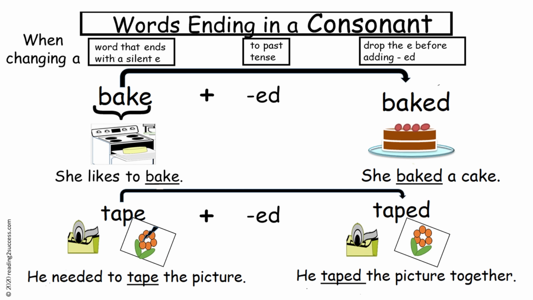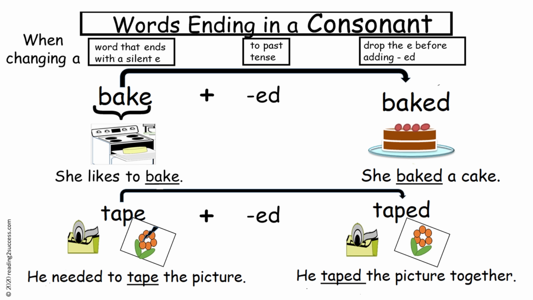So our example has bake plus ed, dropping the E that was in bake, and then adding ed, we have baked. Our sentence examples are, she likes to bake, and she baked a cake.